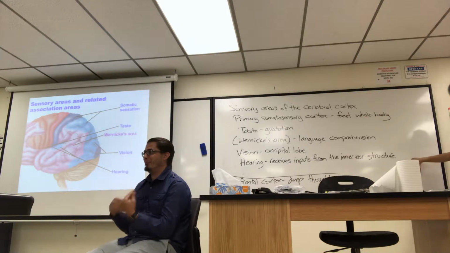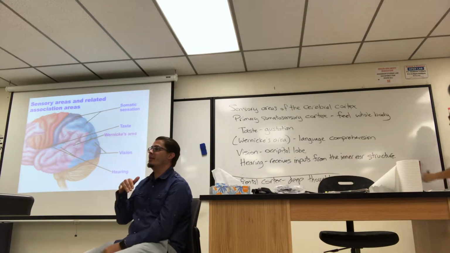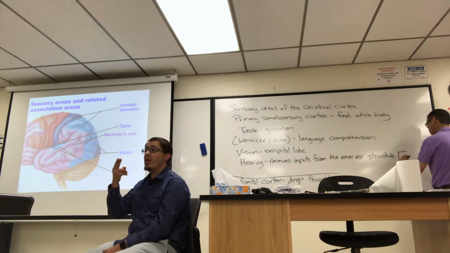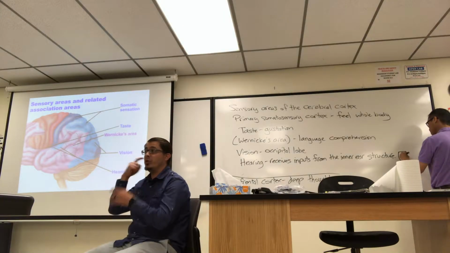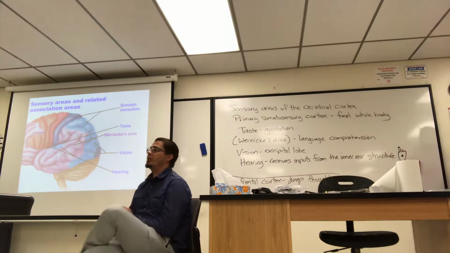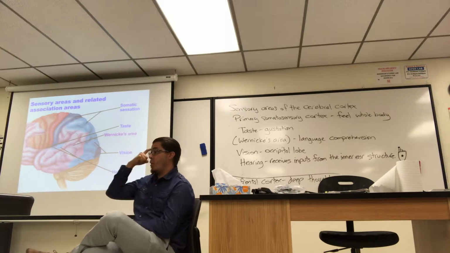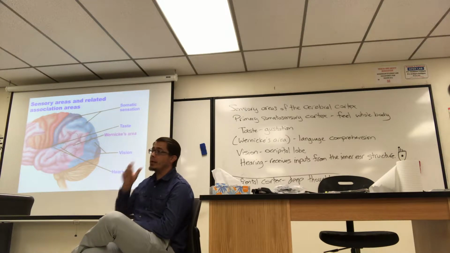Just to give you a little preview on that lecture, it's all about the hair cells in the inner ear. Talk about those later. But anyways, that's the part of the brain for hearing. Let's see here.